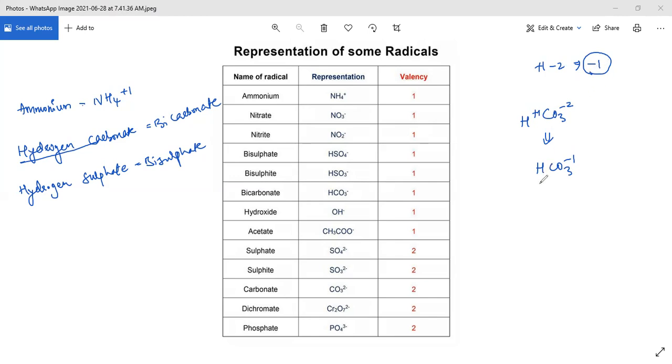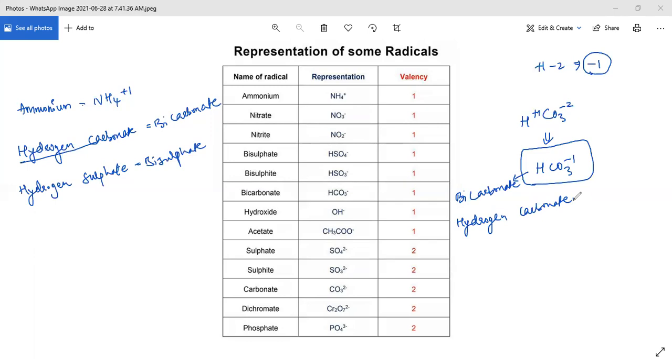So hydrogen carbonate or bicarbonate, what is the formula? HCO3 minus 1. This is for the bicarbonate or hydrogen carbonate. Understanding?